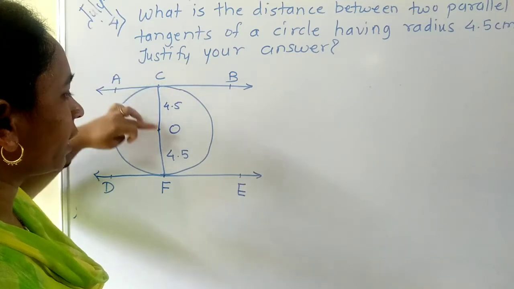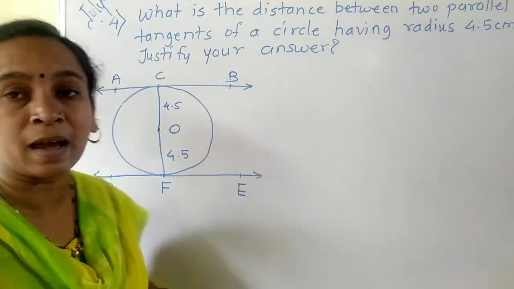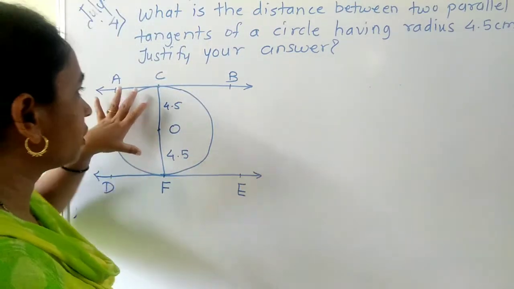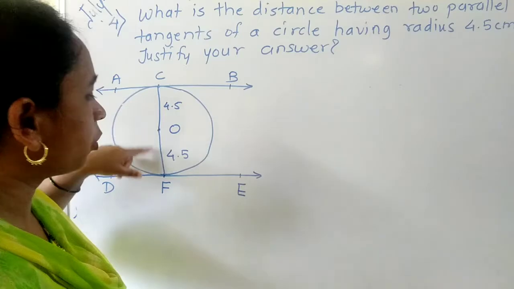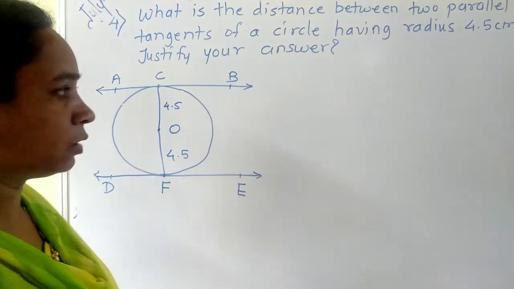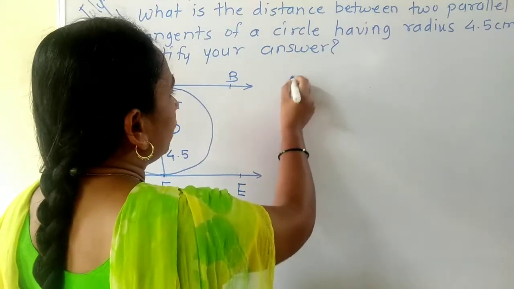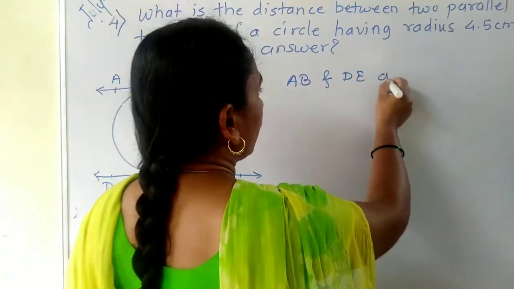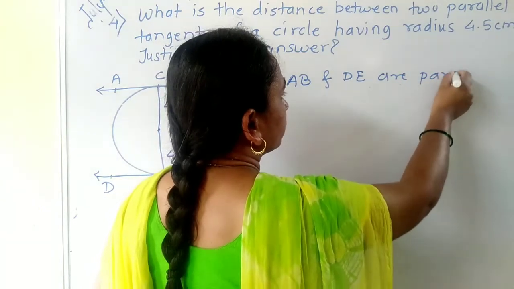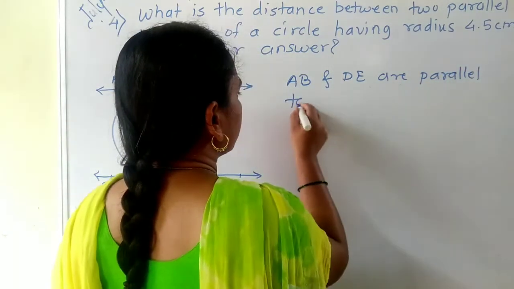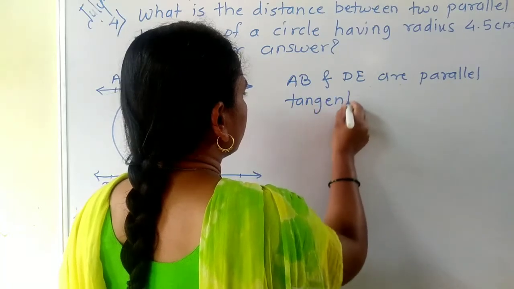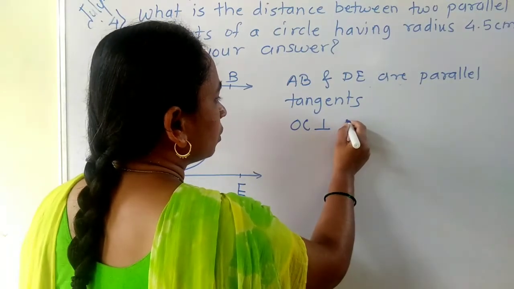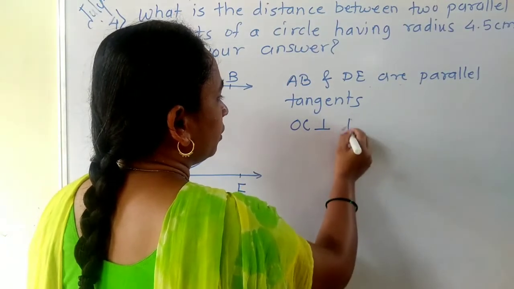These are parallel lines, and since the radii are perpendicular, you can get C, O, F, that means they will lie on the same line. If they lie on the same line, the distance between these two parallel lines would be the sum of these two segments. Is it clear? So we'll see how to write. Here AB and DE are parallel tangents. OC is perpendicular to tangent AB.